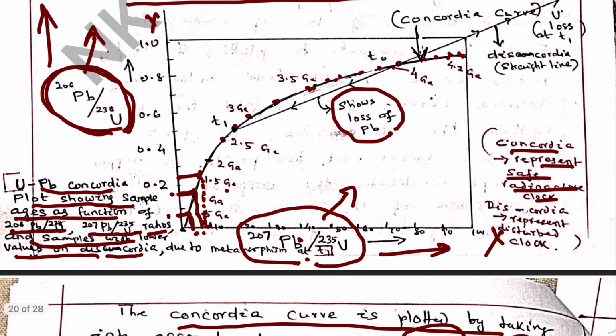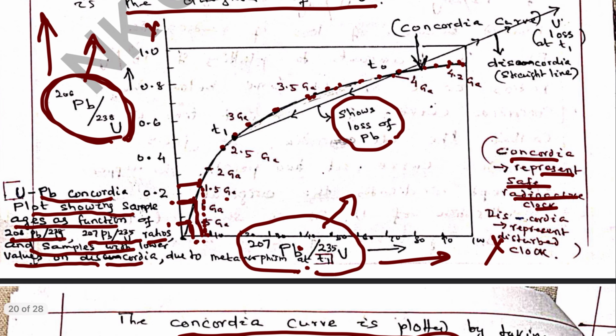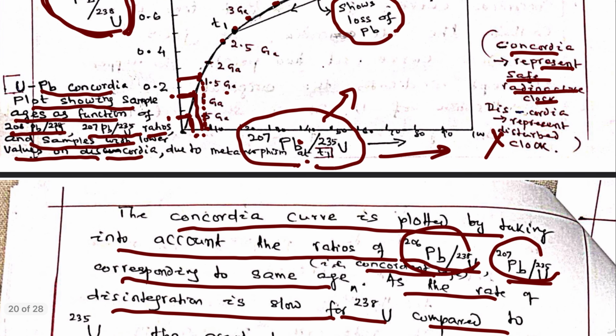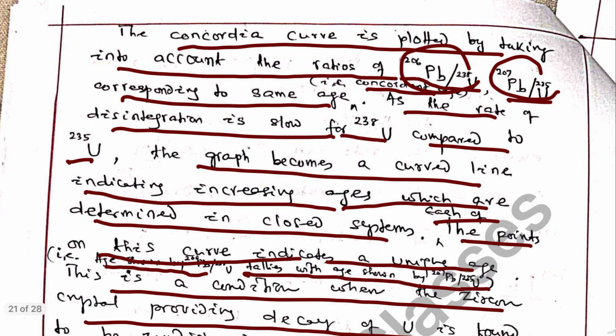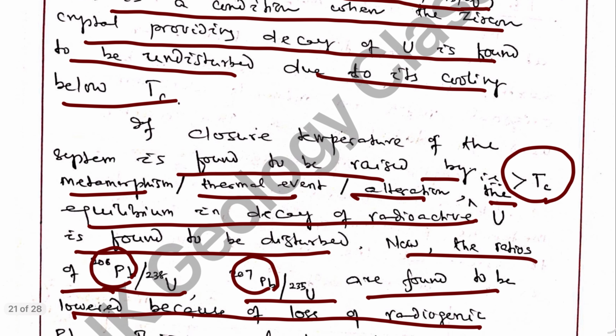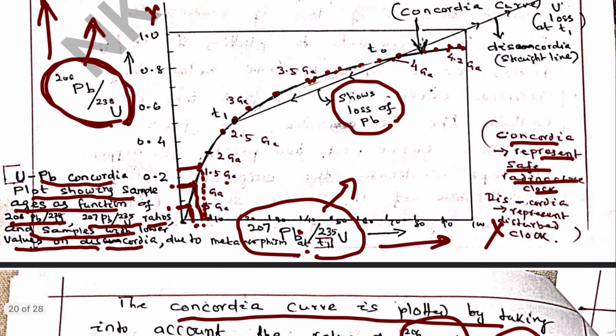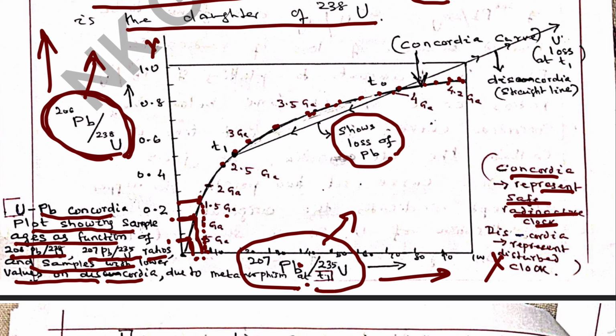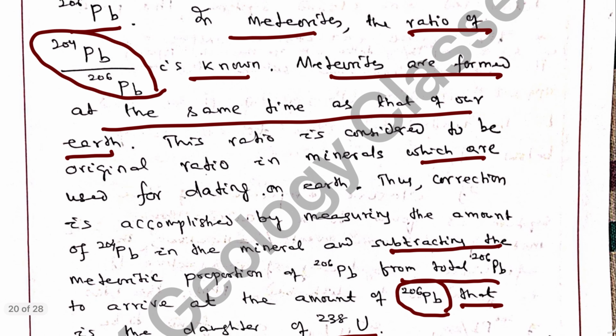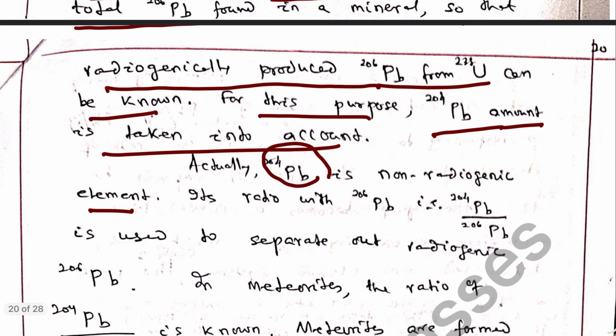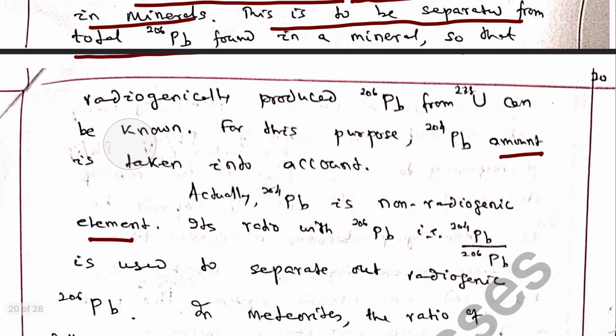And this is plotted as a straight line with the upper intercept indicating the actual age of formation of the mineral, and the lower intercept indicating the time period when metamorphism took place. So this is all about the Concordia, Discordia and closure temperature, blocking temperature.